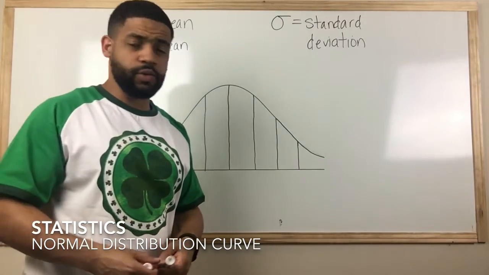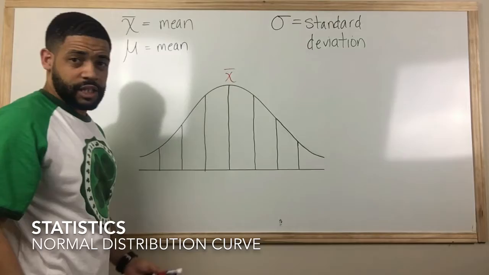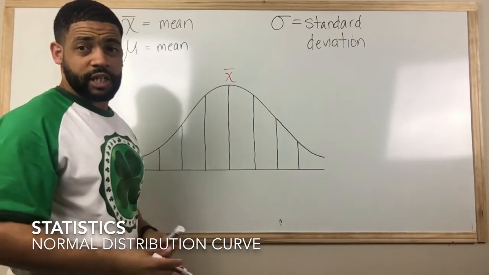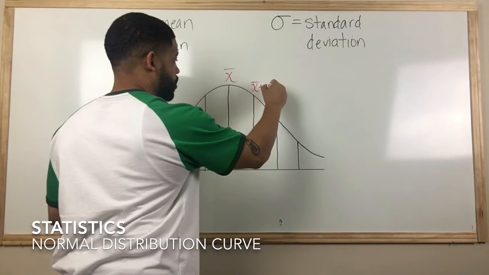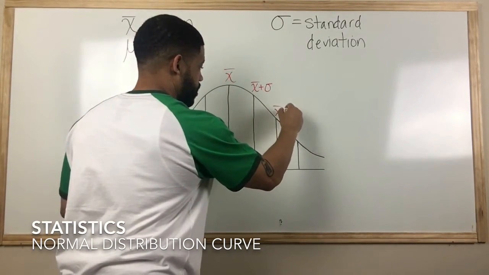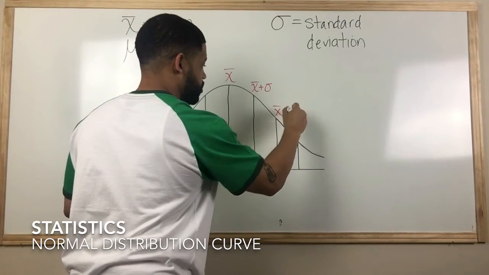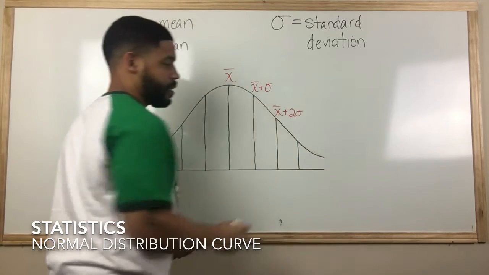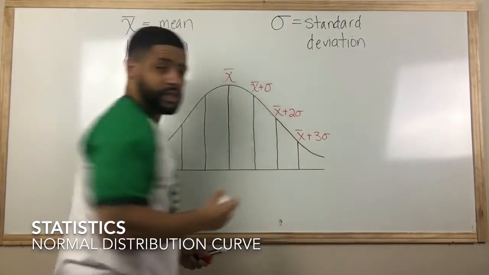Okay, so real quick, you have the mean or X bar in the middle. You can put mu, but I'm going to use X bar for this video. And then here you have the mean plus 1 standard deviation, the mean plus 2 standard deviations, and then the mean plus 3 standard deviations.